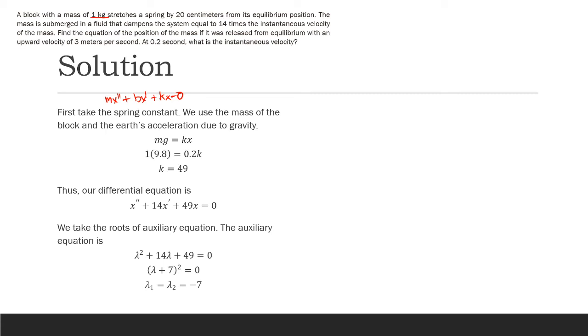We have two roots, but they are equal to each other. They are real numbers, but they are repeated. Therefore, our general solution is x of t is equal to c1 e raised to negative 7t plus c2 t e raised to negative 7t.